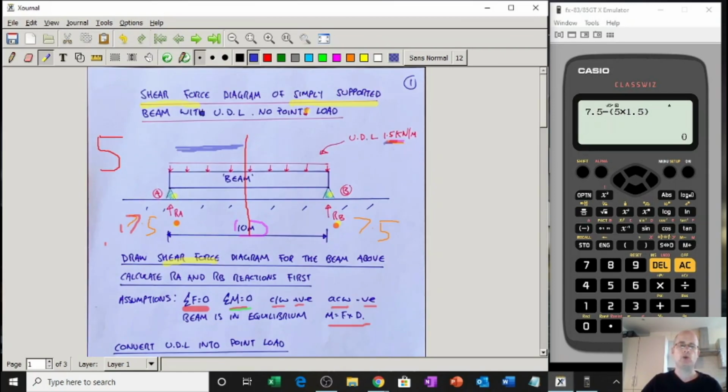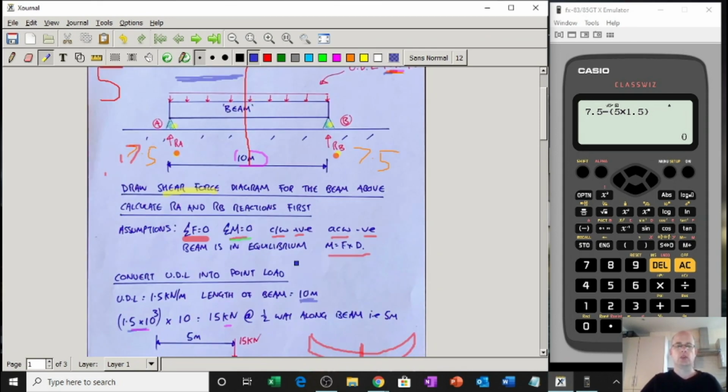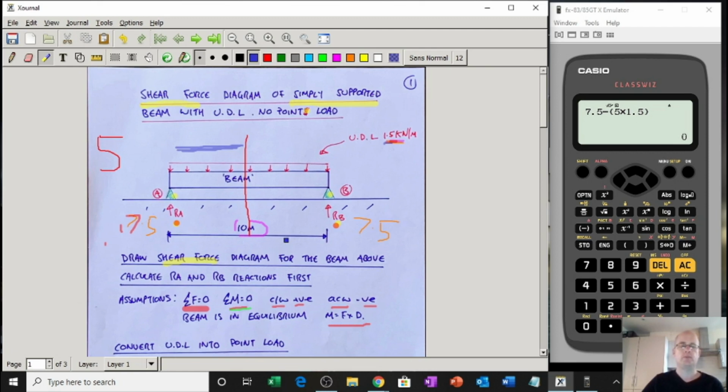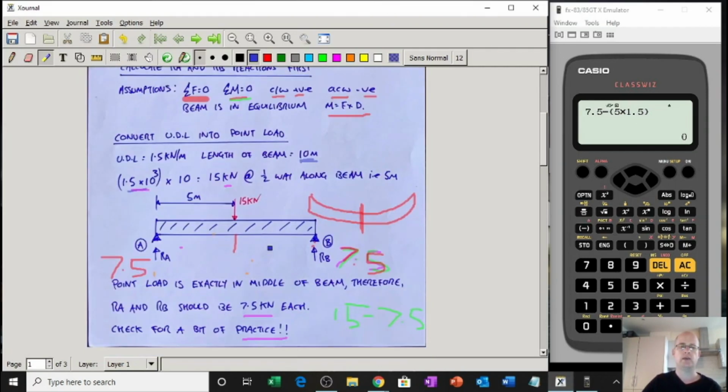When we do the bending moment for this example, we will find that the maximum bending moment is at 5 meters. So that's the reason why we do shear force diagrams first: the shear force diagram will tell us where the maximum bending moment or moments will be. Because when the shear force diagram crosses 0, that's where the maximum bending is.